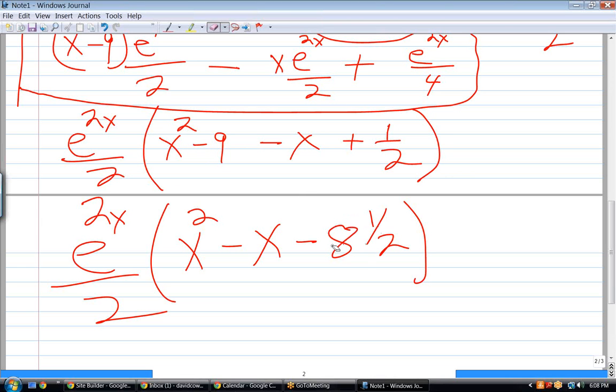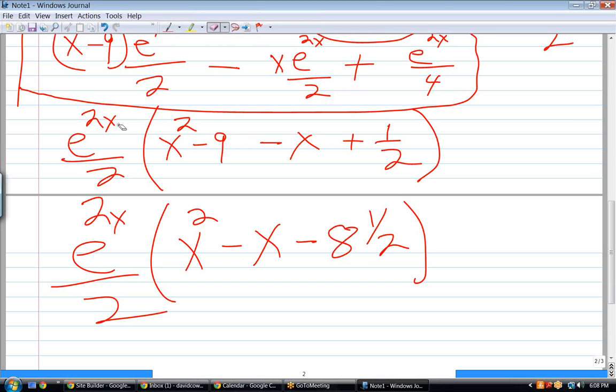I don't really like this 8.5. I suppose I could multiply the inside by 2 and divide the outside by 2, and that'll get rid of the 8.5.